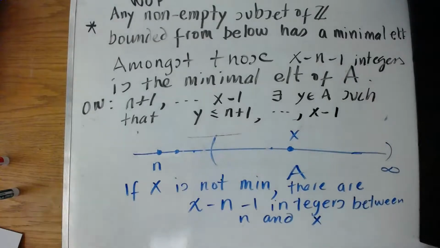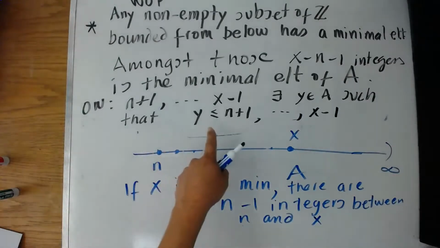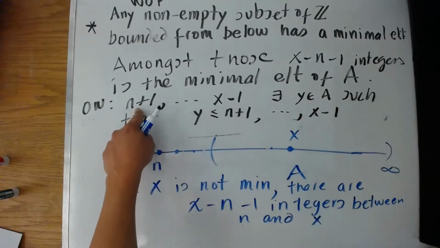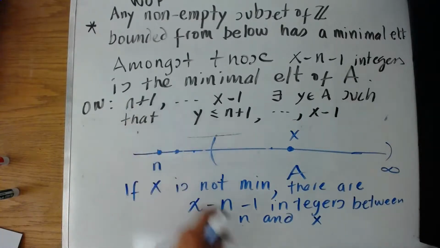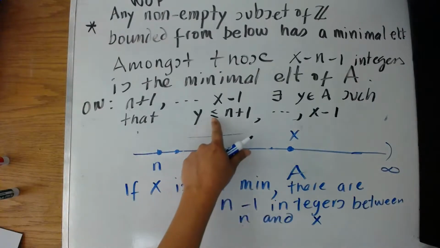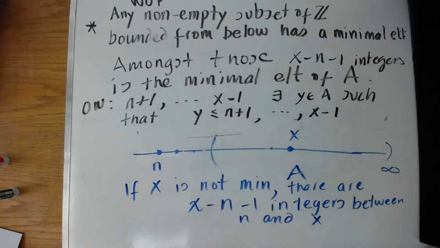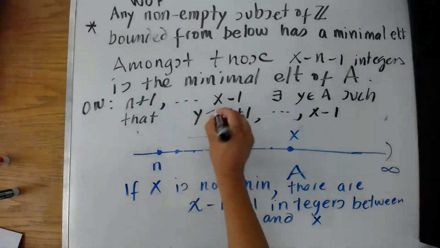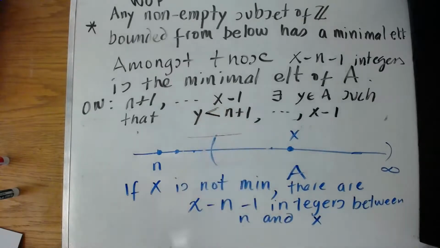So if none of these are minimal elements of A, then there will be an element in A such that none of these are below it. But that's a problem right now, because actually, each of these is greater than y.